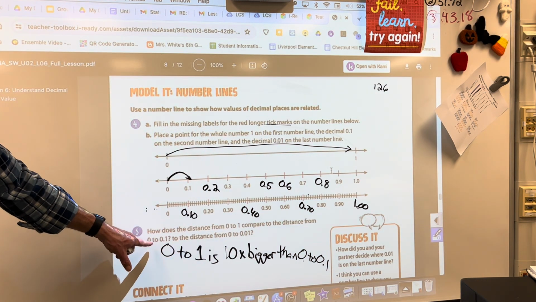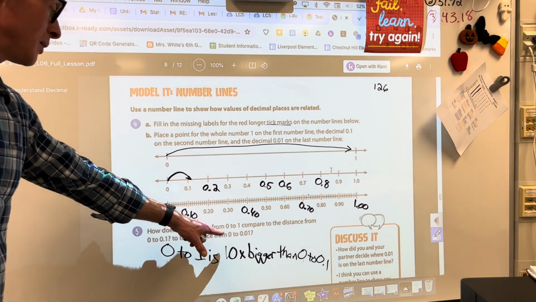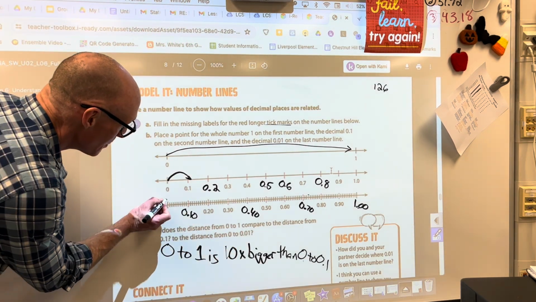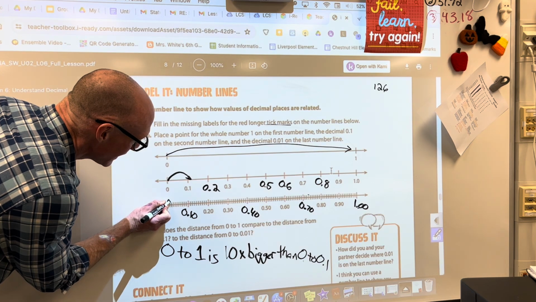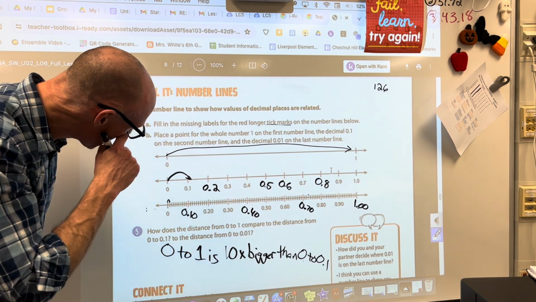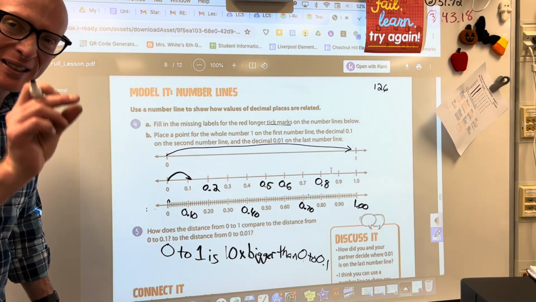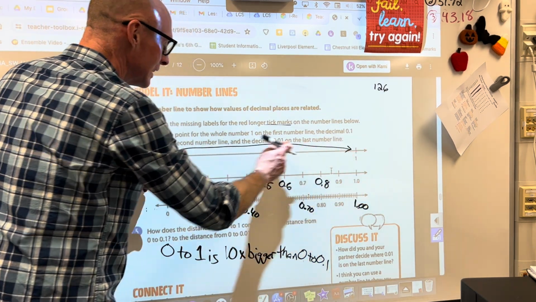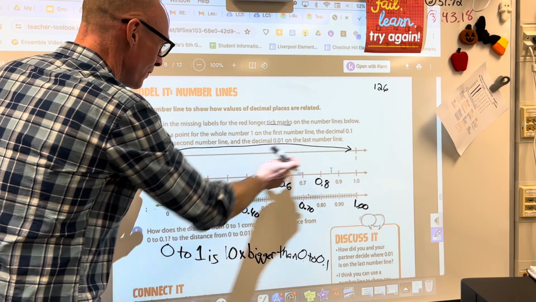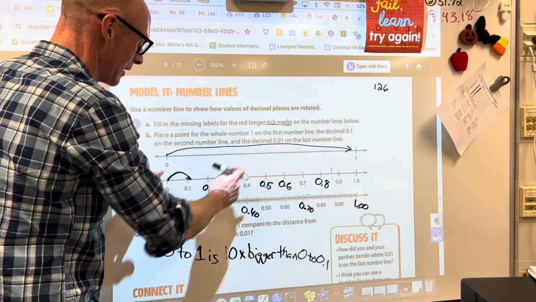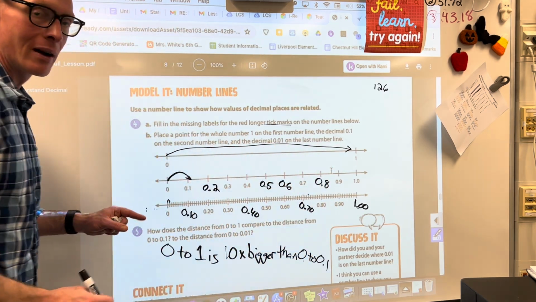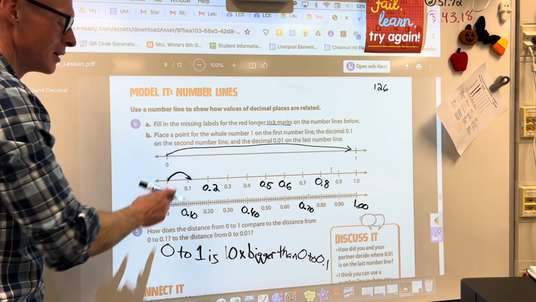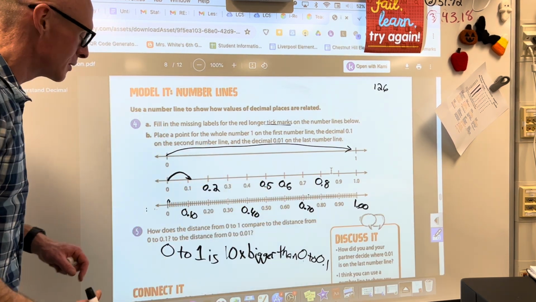Now it says to the distance from 0 to 0.01. 0.01 is right there. That's it broken down into hundredths, 1/100th, little itty bitty. So, yes, it's a lot bigger. If this is 10 times bigger, think about it. We're moving up 2 levels, 2 zeros.